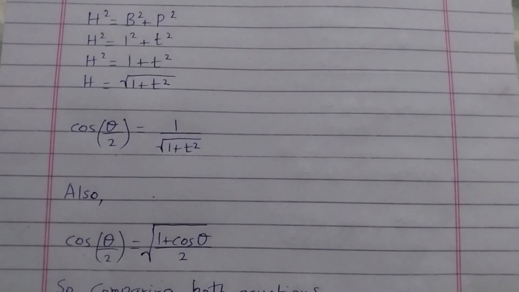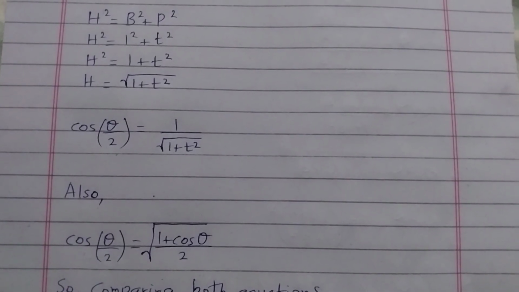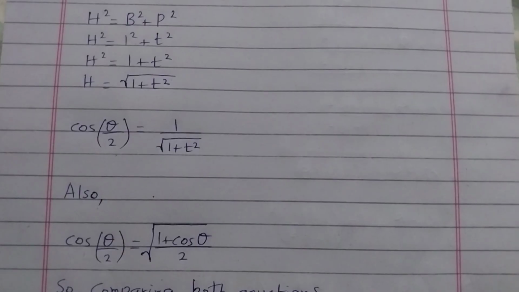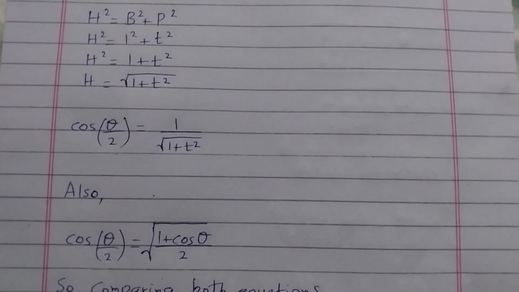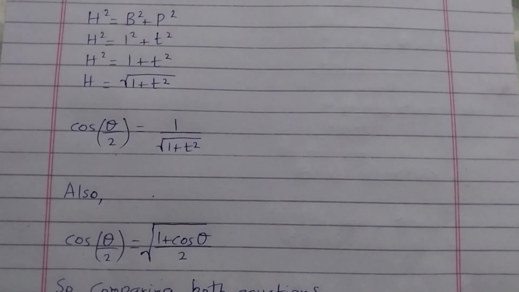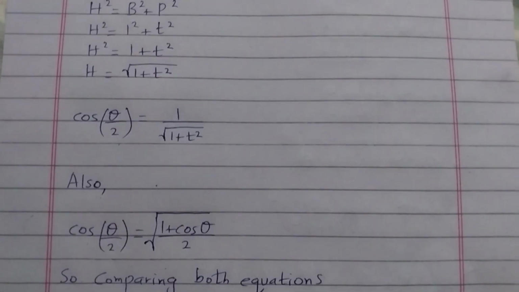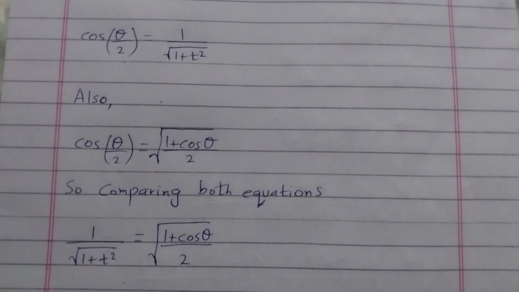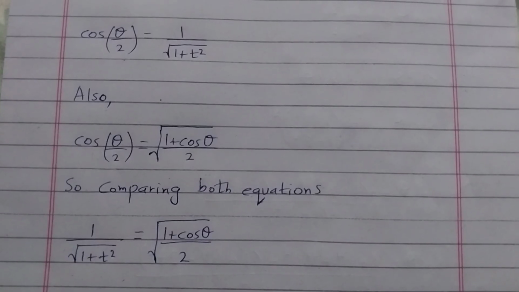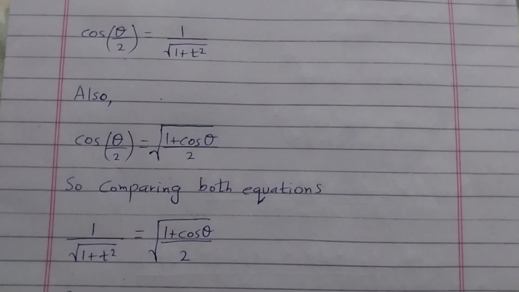So cos theta by 2 is equal to square root of 1 plus cos theta over 2 according to that formula. And now we have two equations in terms of cos theta by 2, so we can simply compare them. So when we compare both equations, we get 1 over square root of 1 plus t squared is equal to square root of 1 plus cos theta over 2.